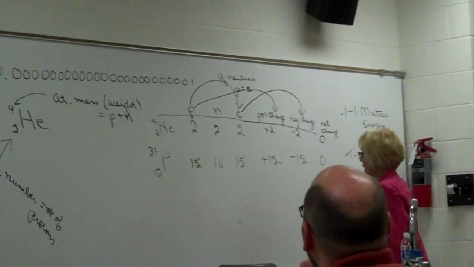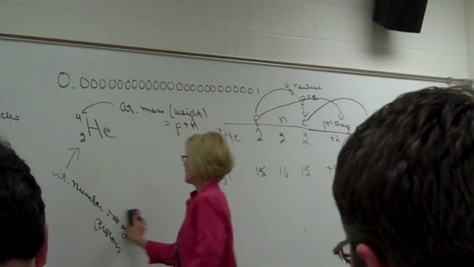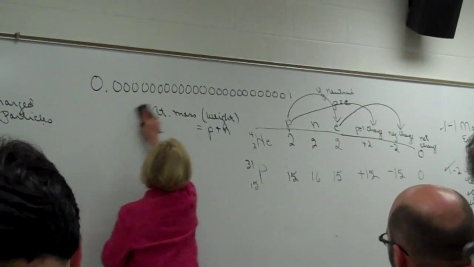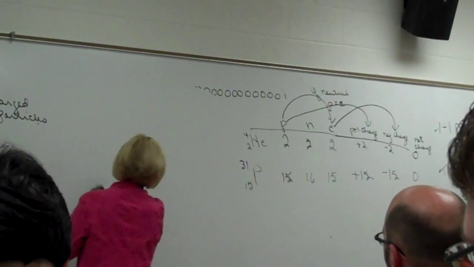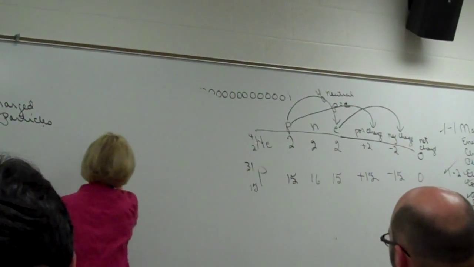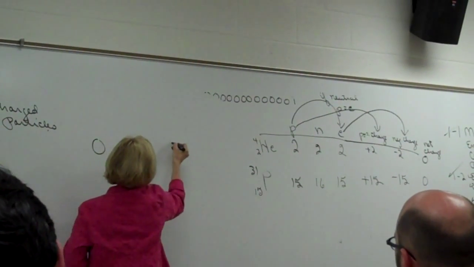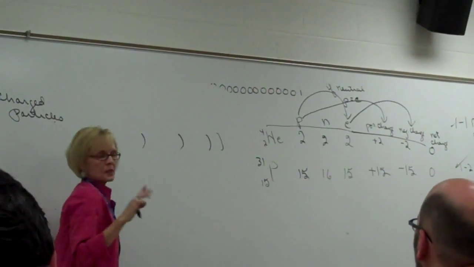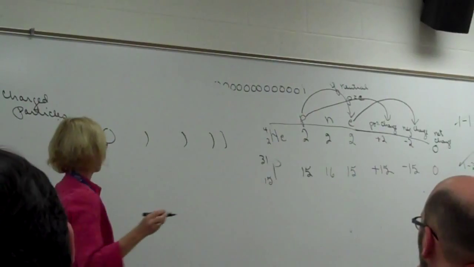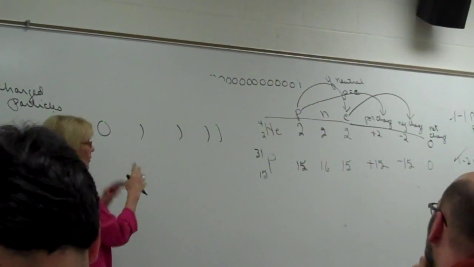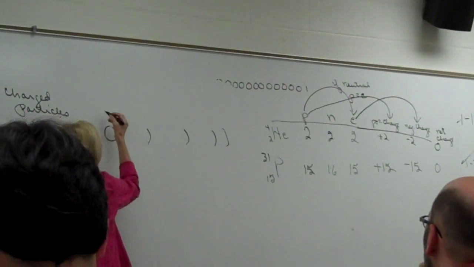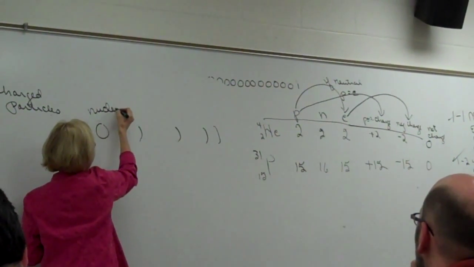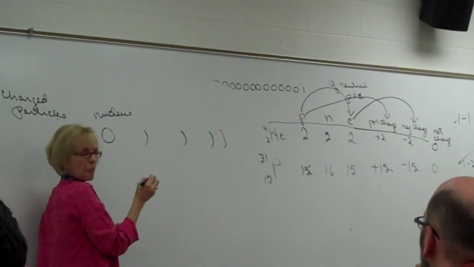Okay, and just another preview of coming attractions. We'll have a lot more about this in chapter 4. But the very center, and this is a stylized drawing here, the very center of the atom is called the nucleus.